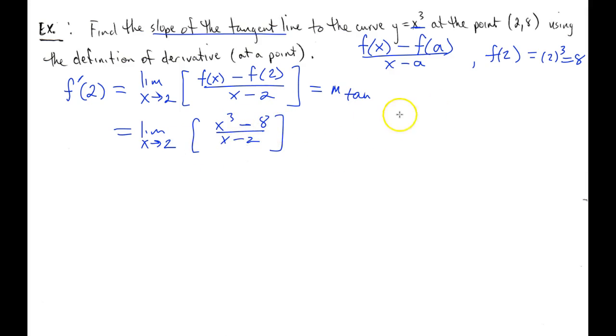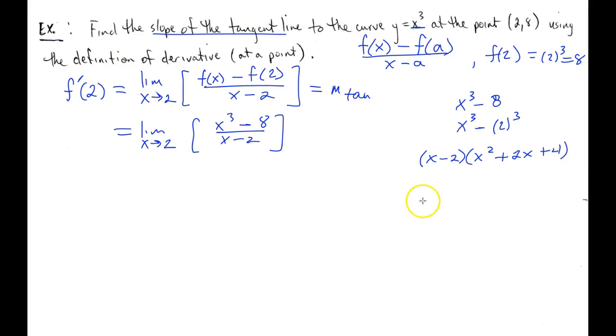Now, we know that x cubed minus 8 is the difference between two cubes. And of course, we know that 2 cubed is 8, so we can look at it this way. We have special factoring rules that tell us that x cubed minus, in this case, 2 cubed would be x minus 2 times x squared plus 2x plus 4.